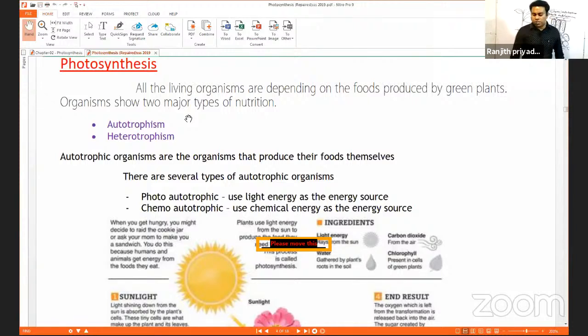Okay, first type is autotropism. You have to know there are two types of autotropism. So let's describe that later. Next one is heterotropism.